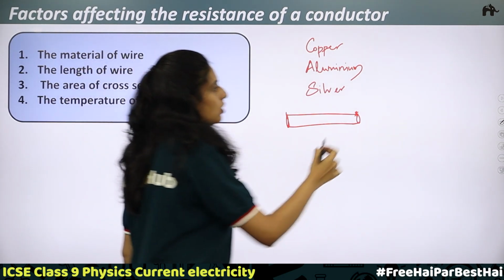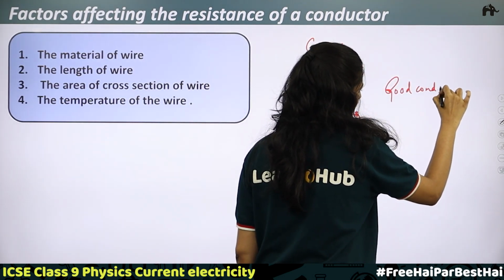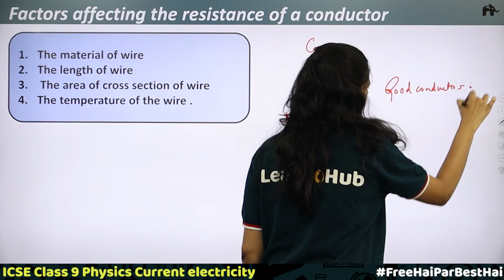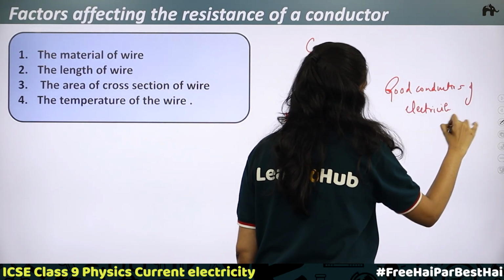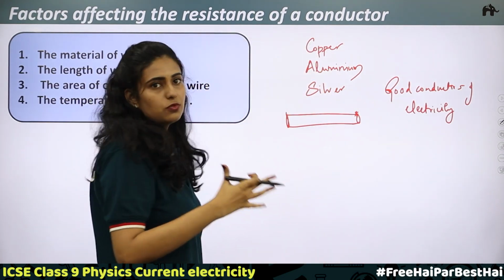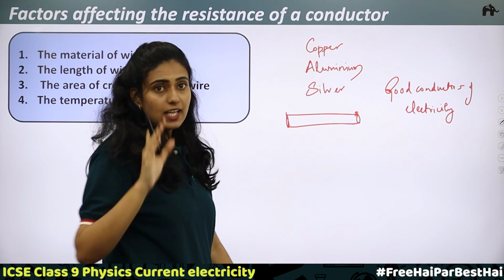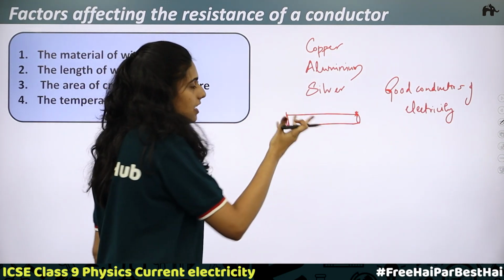So, when you take good conductors of electricity and insulators. In the case of insulators, there is no flow of electrons. Electrons are stable. In that case, there won't be any current allowed to flow.